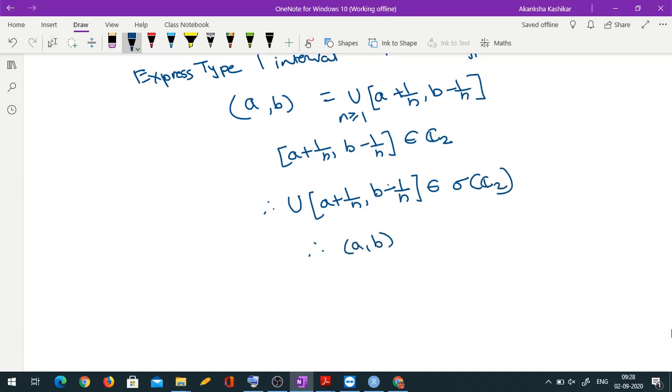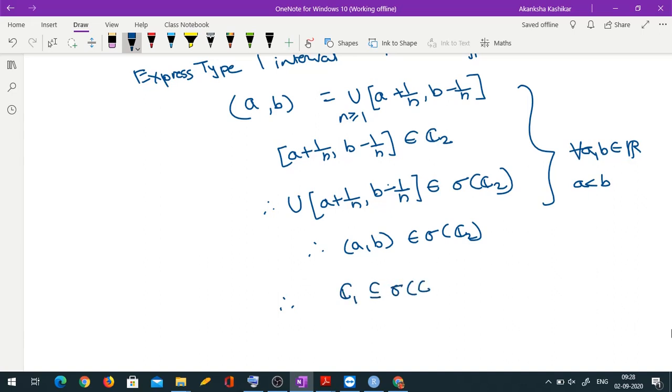Therefore, (a,b) belongs to sigma C2, and all these things are true for every a, b in R such that a is less than b. Therefore, C1, the entire collection, is subset of sigma C2, because every open interval is in sigma C2.